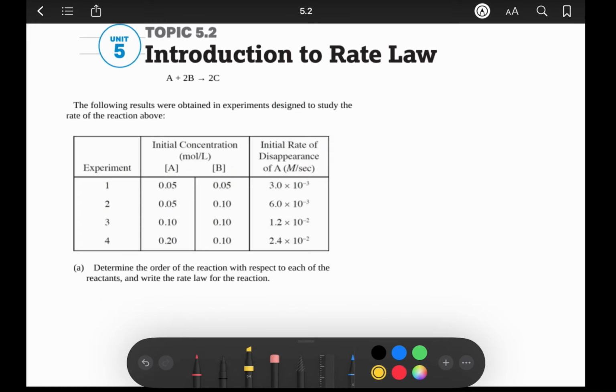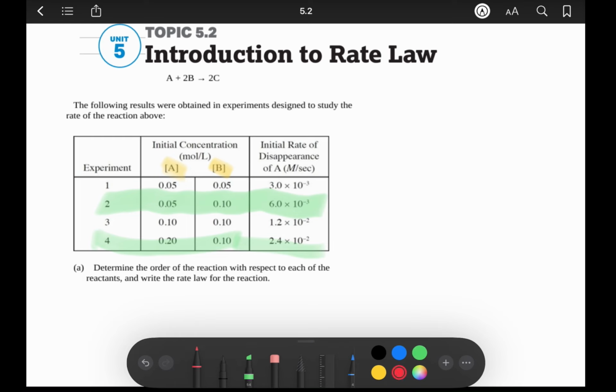Now we're going to determine the order of A. At that point, we have to take different concentrations of A and a constant concentration of B. We can see this process in experiment 2 and experiment 4.